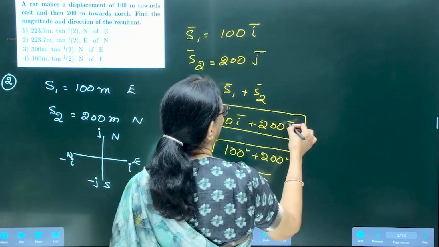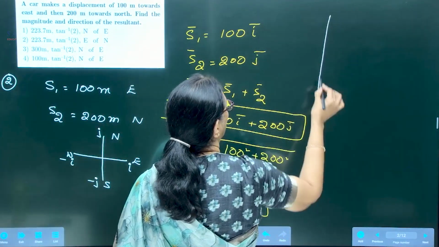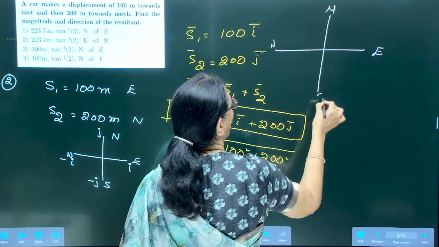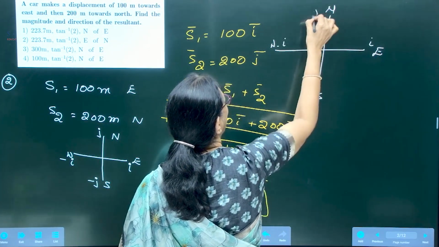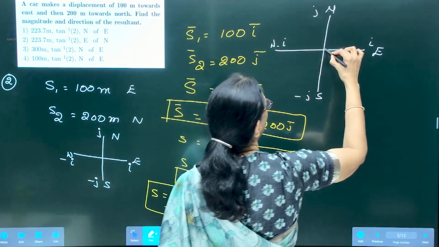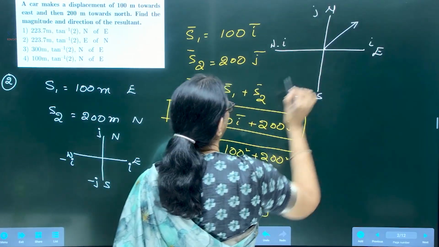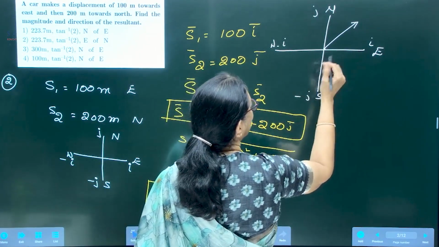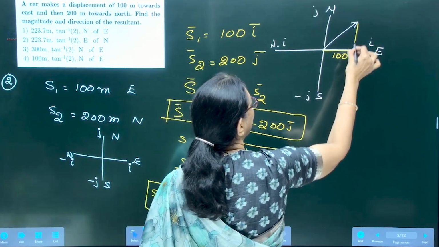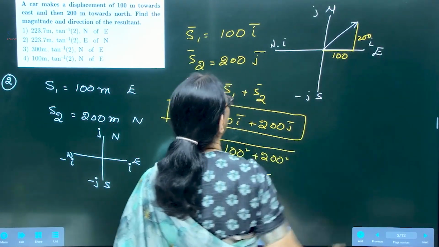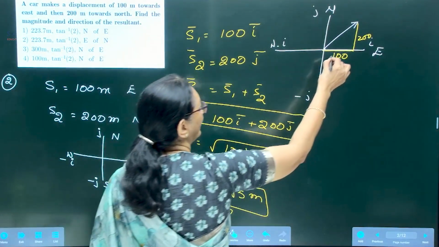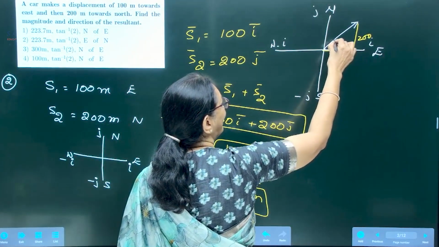So here, again, let us draw. This is east, west, north, south, I, minus I, j, minus j. Both are positive, so the displacement vector is in the first quadrant. Its x component is 100 and y component is 200. So look at the options: east of north, north of east. Let us check this angle.